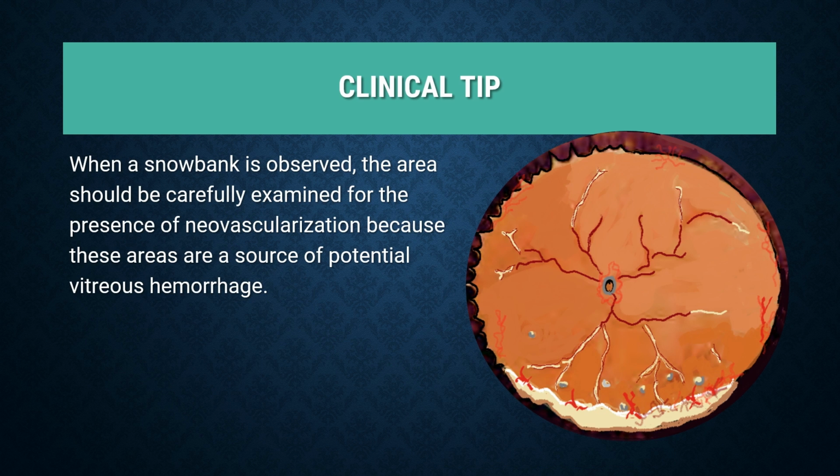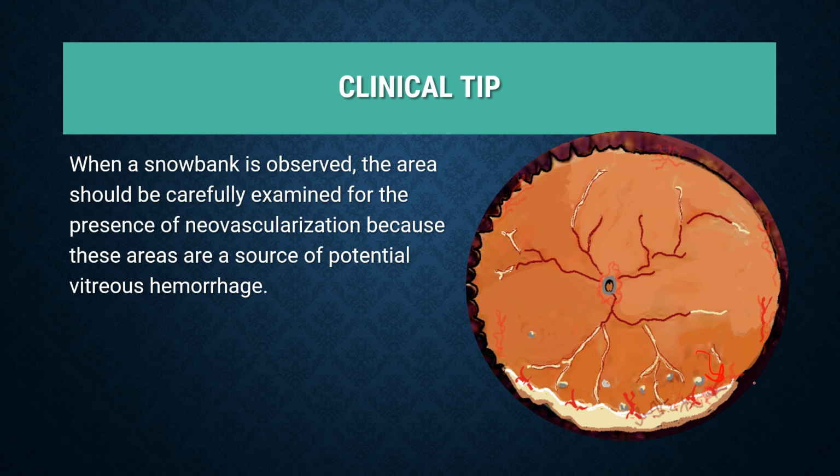Another important clinical point is that whenever you see a snowbank in case of intermediate uveitis, it is very important for you to carefully observe that area for the presence of neovascularization. Because of chronic inflammation, the peripheral part where the inflammation is will have capillary non-perfusion areas.